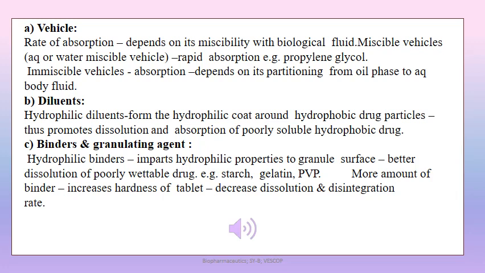If we speak about the vehicles, the rate of absorption is directly related to the miscibility with a biological fluid. The more the miscibility or aqueous solubility, the faster the absorption, and the more the bioavailability.